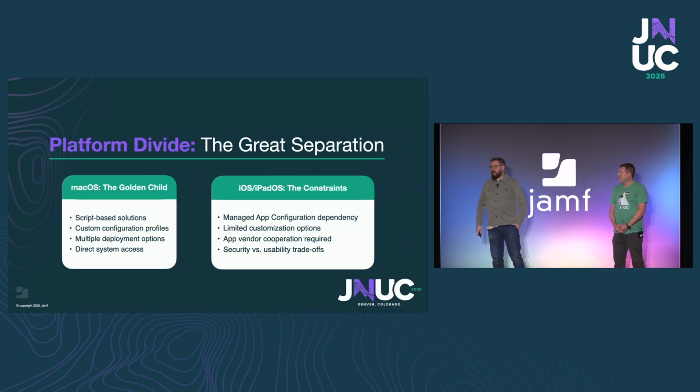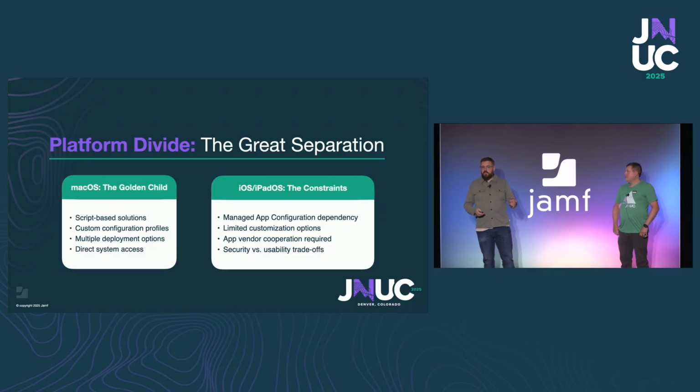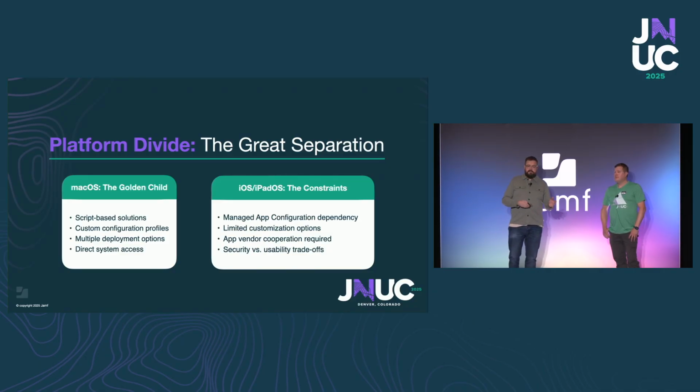So when we start off looking at where we're at, it is kind of a great divide, right? When we look at macOS device management and iOS device management, with macOS, you get everything, right? You get the scripts, you get configuration profiles, you get multitudes of different types of certificates, the works. It has a 20-year head start on iOS. iOS was also designed a little bit differently, right?